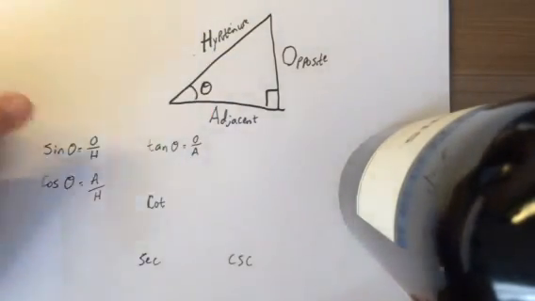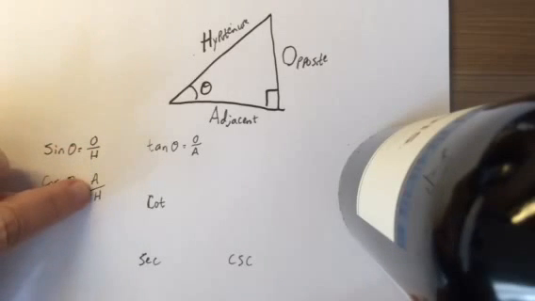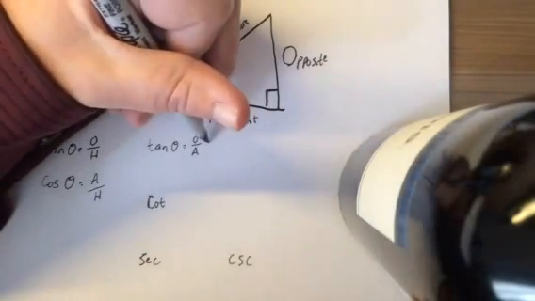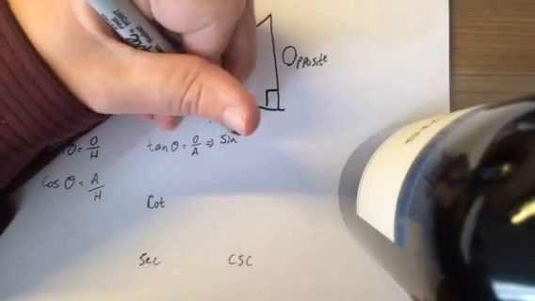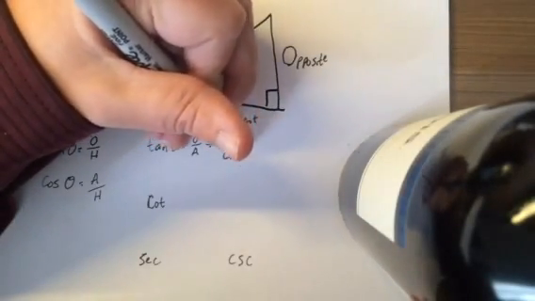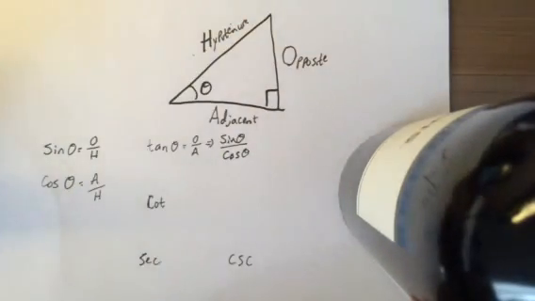Opposite over adjacent would be the same thing if I put this over this: my opposite over hypotenuse over adjacent over hypotenuse, because I would just flip my second fraction and multiply. So my hypotenuses would cancel out and I'd get opposite over adjacent. So tan is the same thing as sine of theta over cosine of theta.